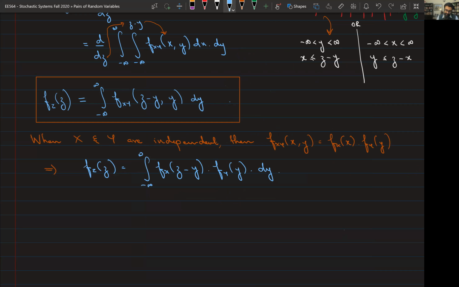Does this look familiar? Khalid, have you seen this sort of an operation before anywhere? You saw it in convolution. Right, so this is convolution indeed.